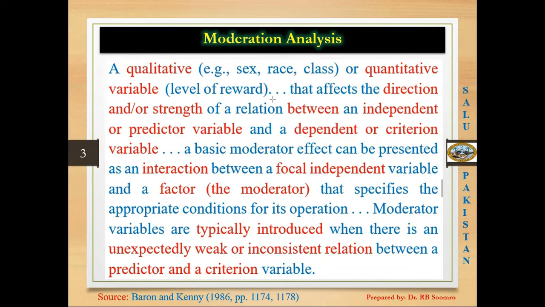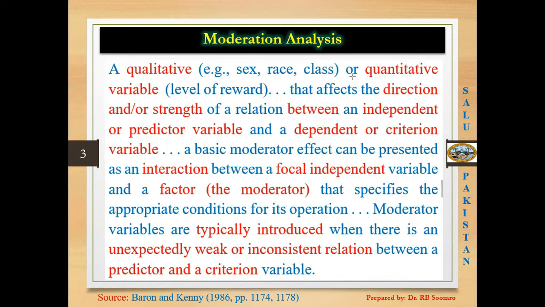So the variable may be qualitative or quantitative. As I already told you, they affect the direction or the strength of the relationship between the independent variable and the dependent variable.